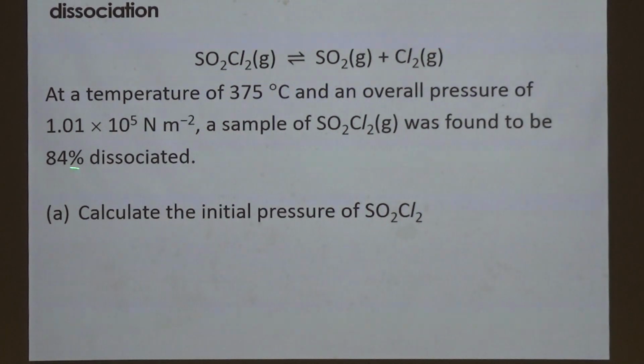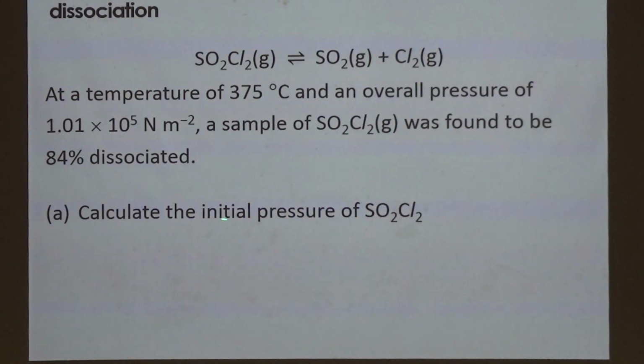So when you see that 84% has dissociated, have we reached equilibrium? Yes, we have. We have reached equilibrium. Okay?